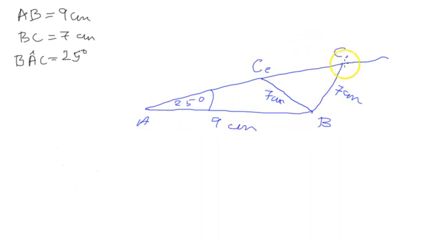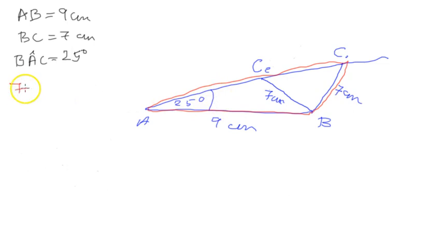Okay. Now I will focus on triangle ABC1 to set up the sine rule and calculate C1. And this is how it will look like. I'm focusing on this triangle over here. So the sine rule for this triangle is 7 over the sine of the opposite angle.